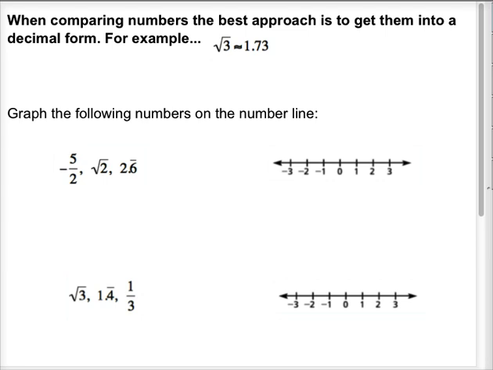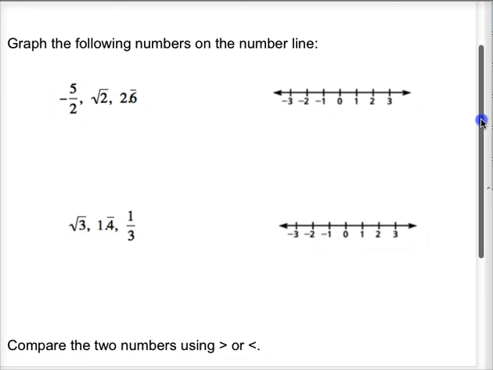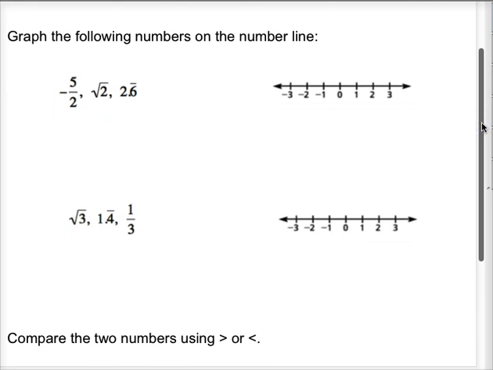All right, so we want to graph the following numbers on each number line. -5/2. I know this off the top of my head. If you don't, feel free to type it into the calculator. Don't be embarrassed to use it. You type in -5/2, you get -2.5.